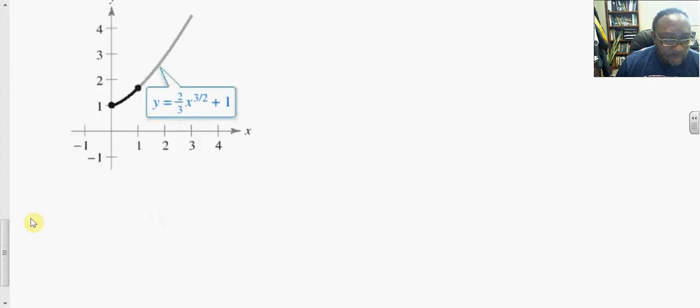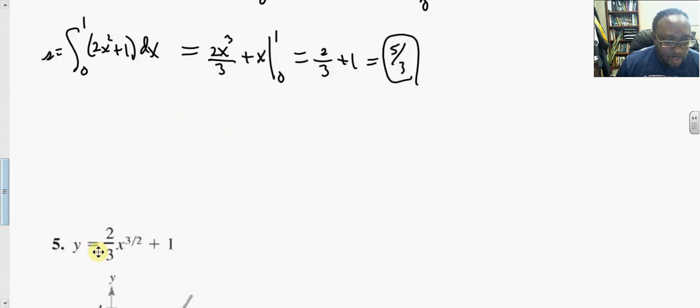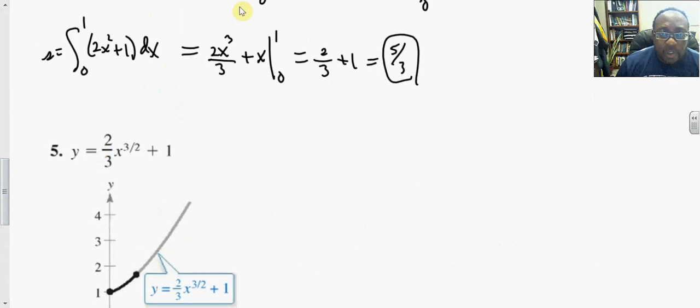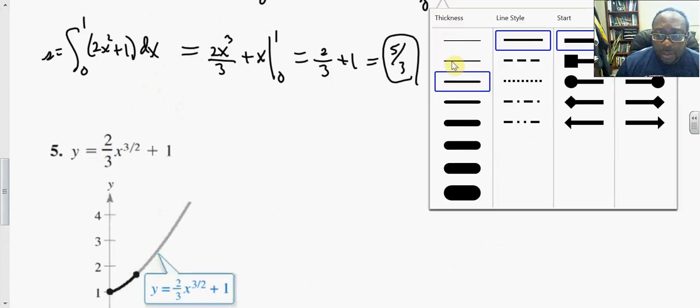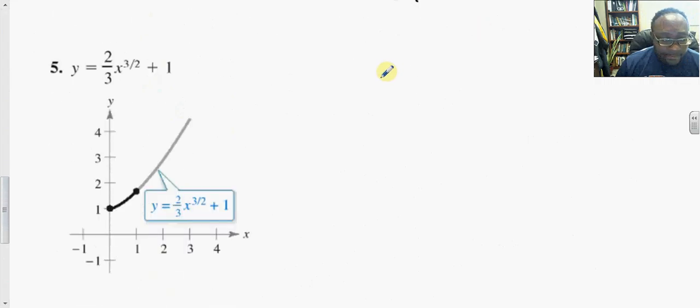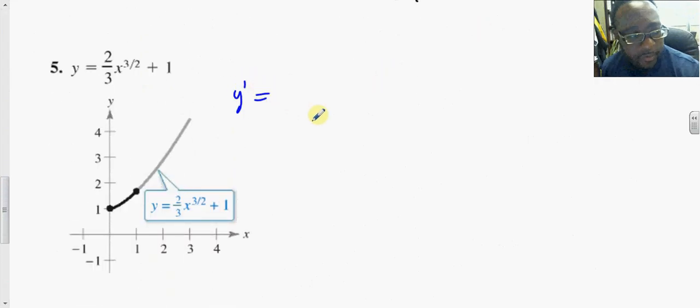Let's take the next one. I think I can make use of our space. So for the arc length, we need the derivative. So this is 2/3 times 3 over 2, so that's going to cancel out, times x to the 3/2 minus 2 over 2, or x to the 1/2 power.